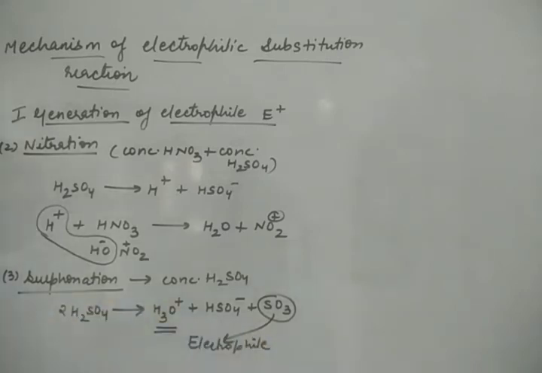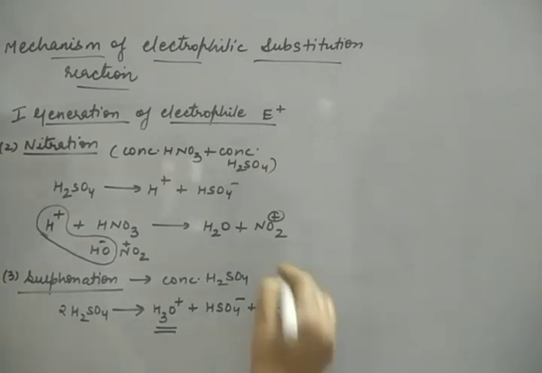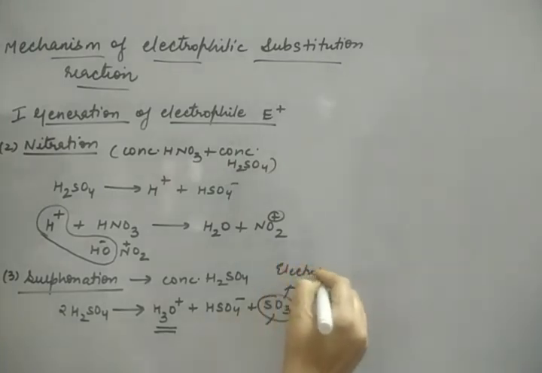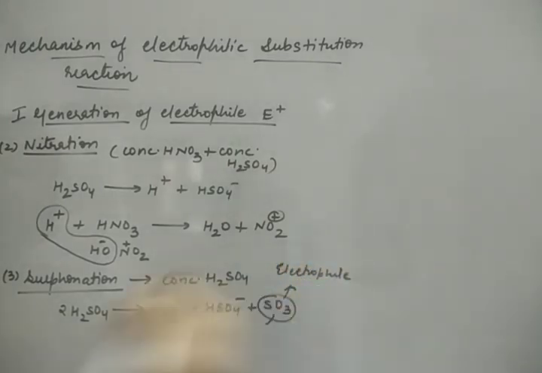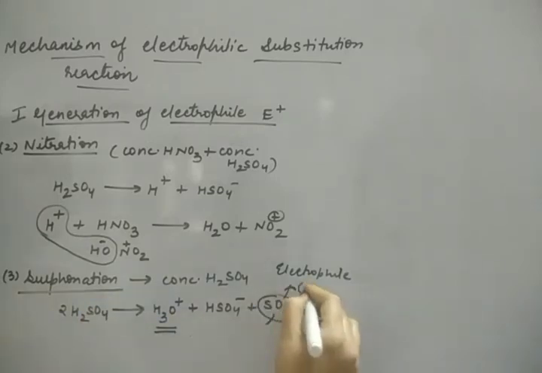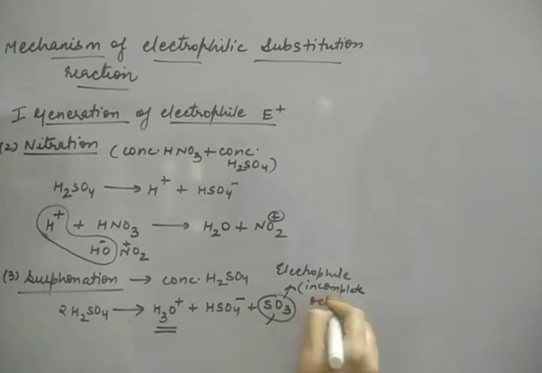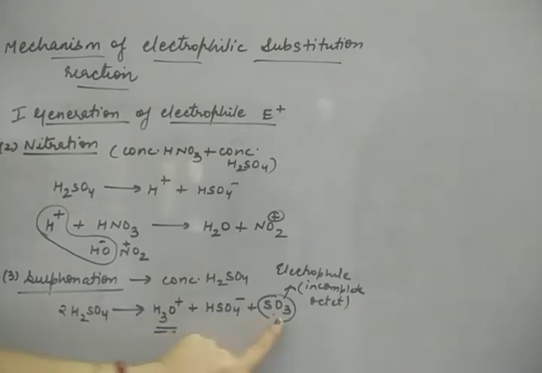It is not having any positive charge. It is acting as electrophile because in this molecule the sulfur is electron deficient, because its octet is incomplete, because sulfur is making only 3 bonds here. Sulfur is surrounded by only 6 electrons. So here the electrophile is not H3O plus, the electrophile is SO3.